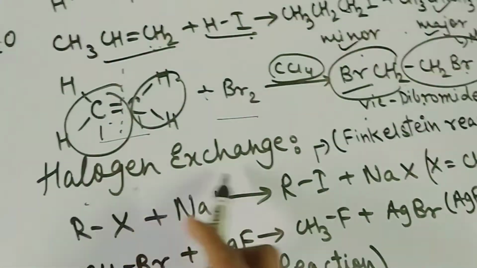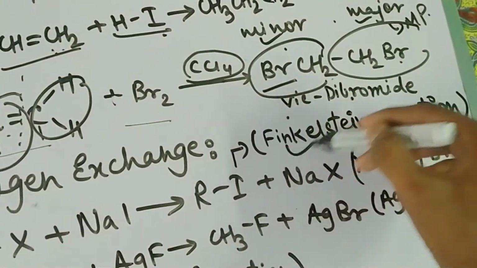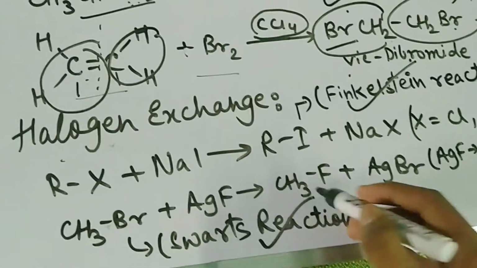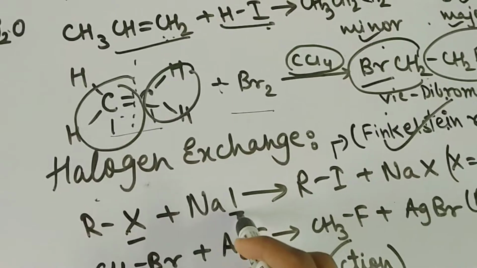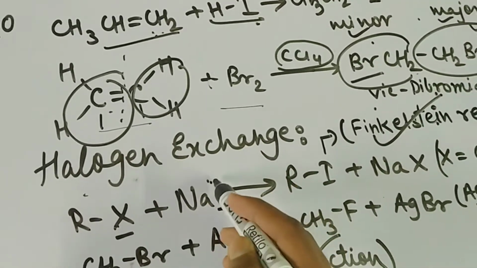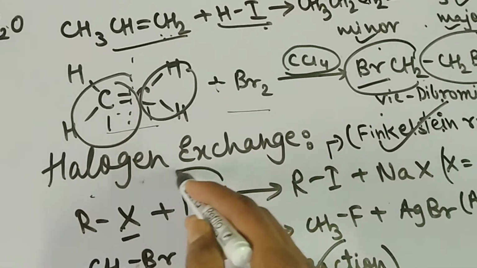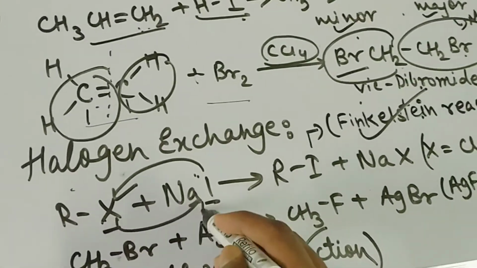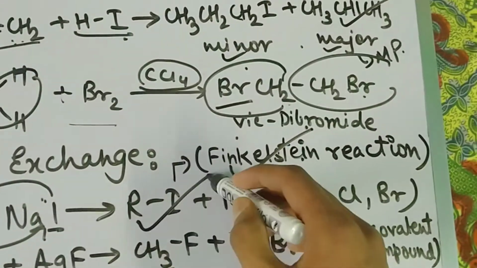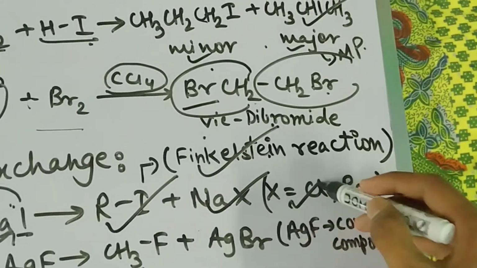Then we come to halogen exchange, two reactions: the Finkelstein reaction and the Swarts reaction. In the Finkelstein reaction there is a replacement of the halogen. With sodium iodide, the iodine comes and jumps here, and in RX the halogen attaches with the sodium, and we get RI and NaX. X can be Cl or Br.